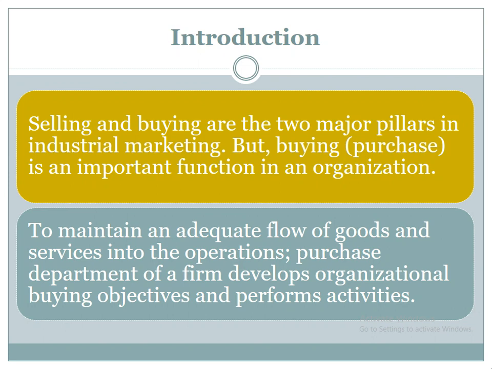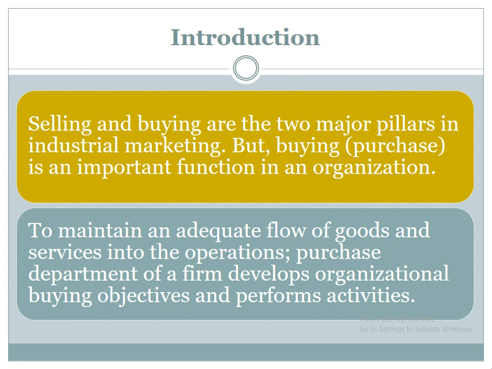To maintain an adequate flow of goods and services into the operations, the purchase department of any organization or firm develops the organizational buying behavior objective and performs various activities to satisfy these objectives. The behavior of the supplier as well as the potential users in the organization influences the purchase department.